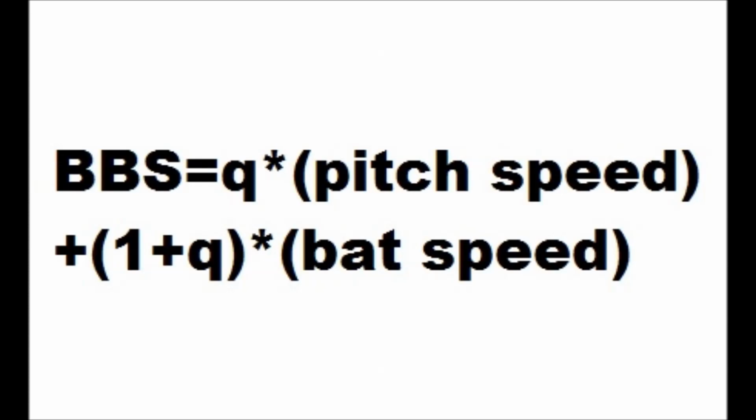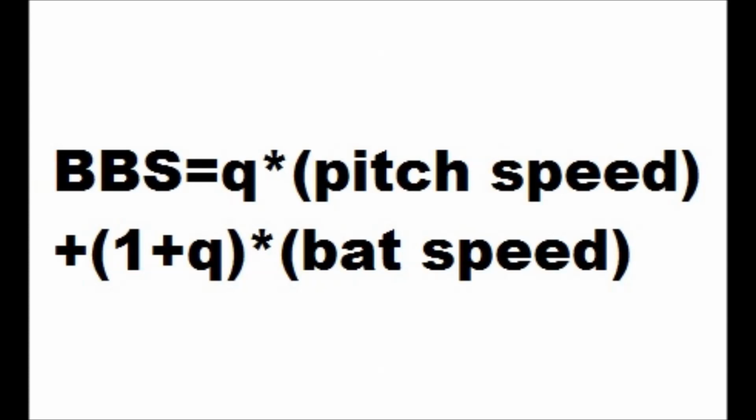So in order to tell between the two different bats, you just have to pretend that the pitch speed and the bat speed will be the same, and then you want a larger Q, because when Q is large, BBS will be large. One thing that can be seen from this formula is that bat speed is a lot more important than pitch speed in determining the BBS.